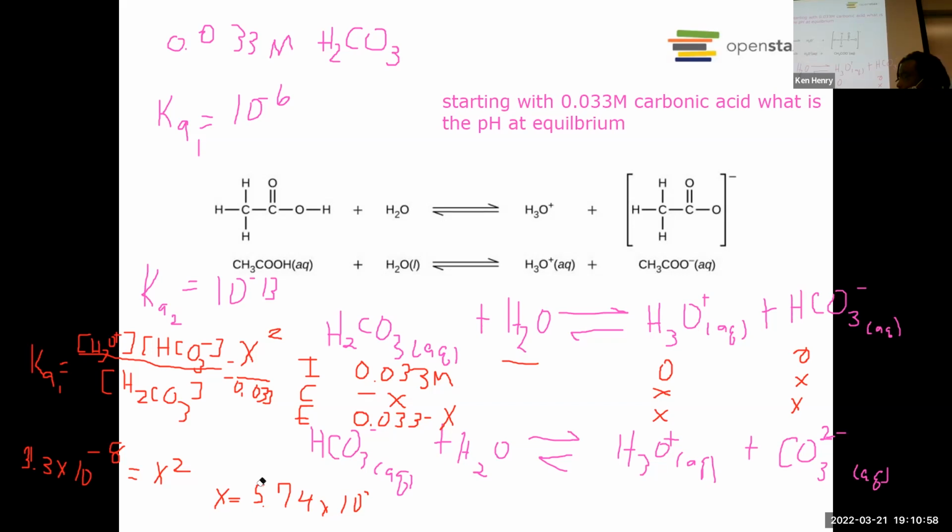Okay, so give me the new number. 8.2 times 10 to the negative 4. I don't think it's your calculator, because we're taking the square root of both sides, right?